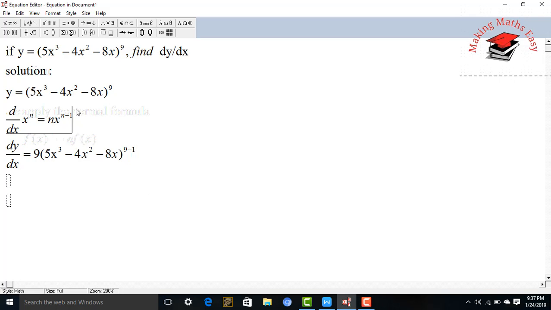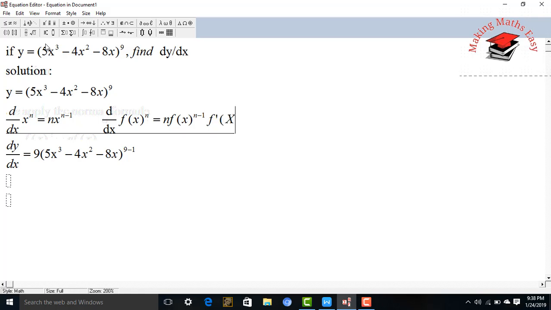So let's generalize: I am taking f of x as a function, and we find its derivative. It will be the derivative of f of x raised to n, equal to n into f of x raised to n minus 1, into f dash of x.